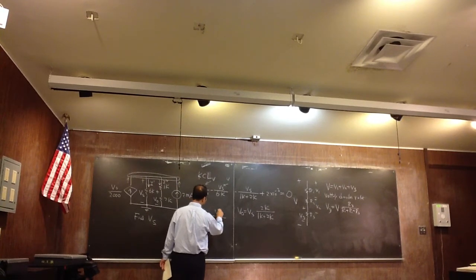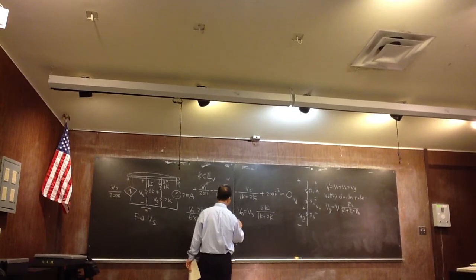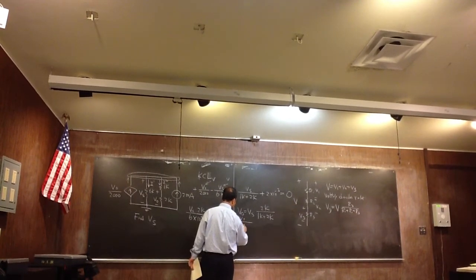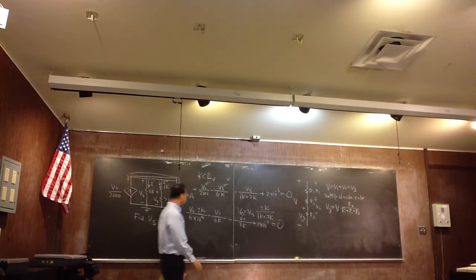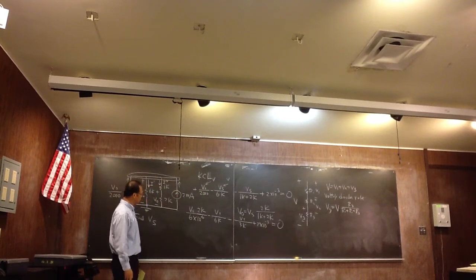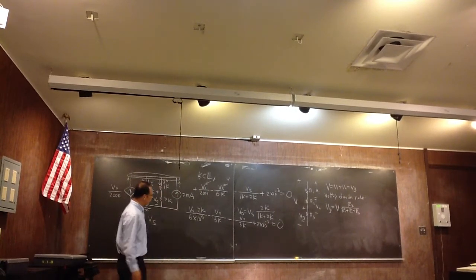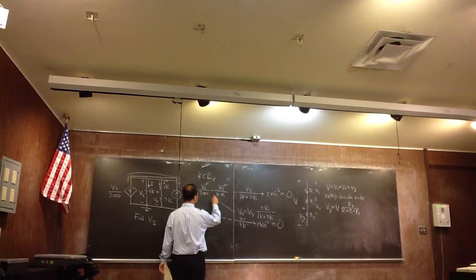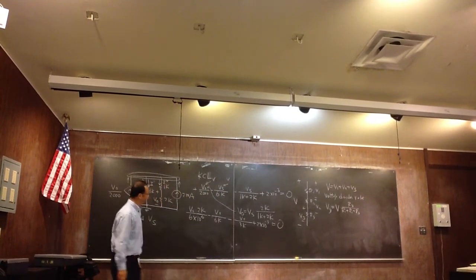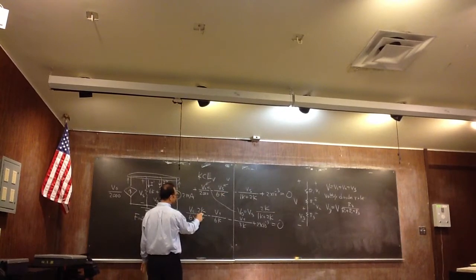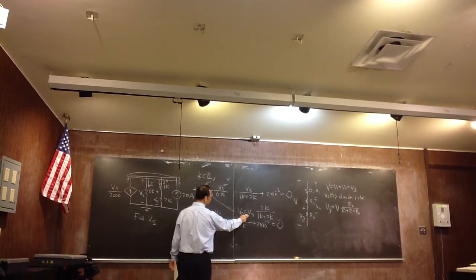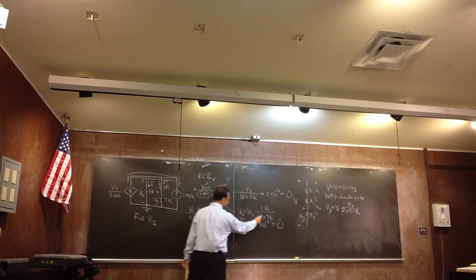Minus VS over 6K, minus VS over 3K plus 2 times 10 to the minus 3 equal to 0. You understand this one? All I did was put this into here. So you have a 2K on top, and then VS right here, and then this will have to multiply to that.